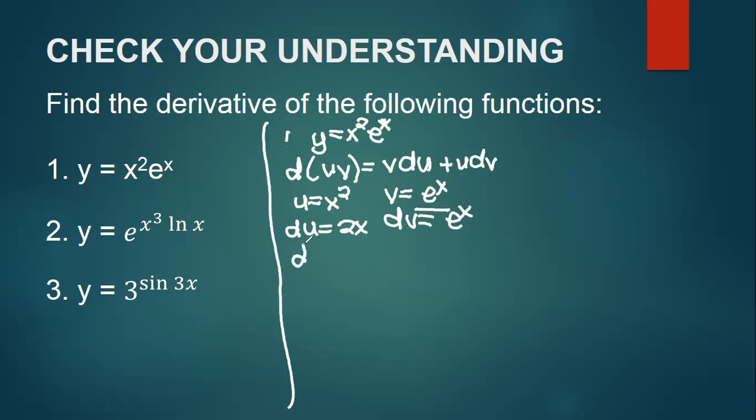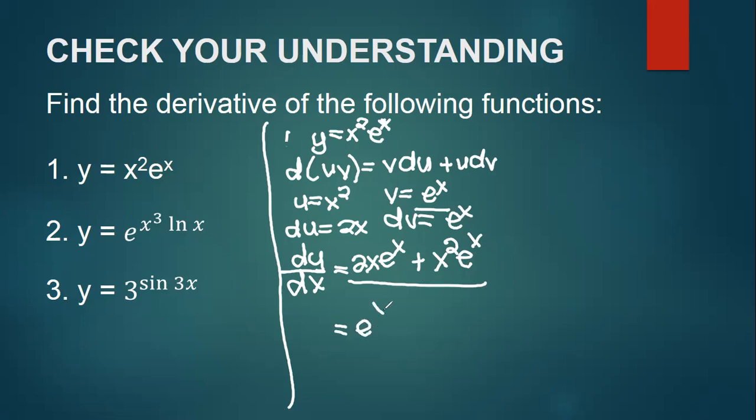So let's get dy over dx, which is v du, 2x e raised to x, plus u dv, x squared e raised to x. So this is the answer for number 1. Or we can factor using the greatest common factor, that's e raised to x multiplied by x squared plus 2x, or 2x plus x squared. So this is another form of answer for number 1.